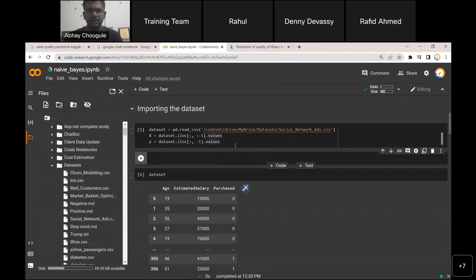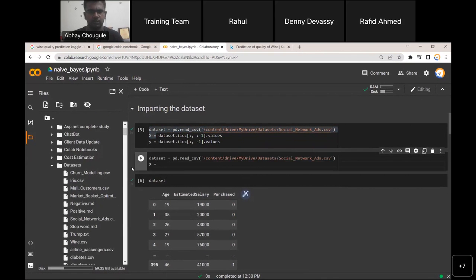Do you know the iris data set? Anyone? This is about flowers. Iris flower is there. You can take this data set.